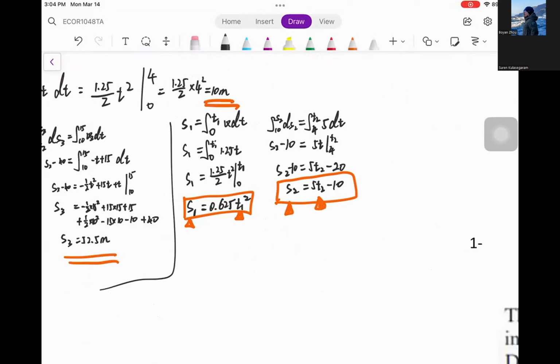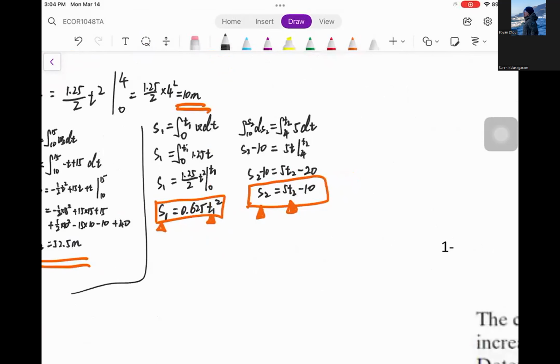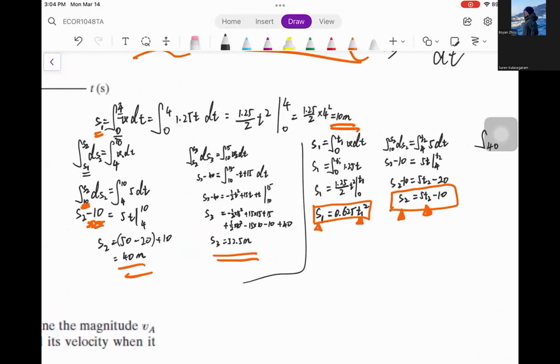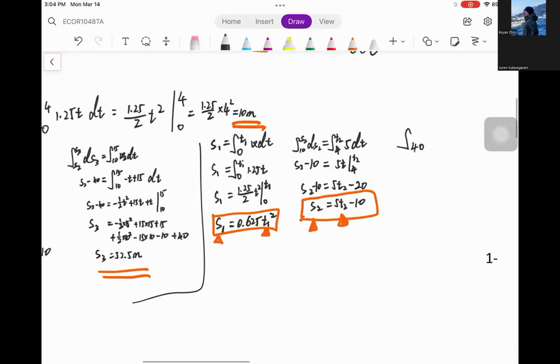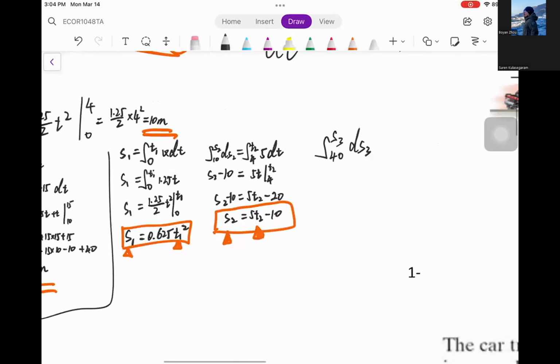Then the last one, on the same thing, we're evaluating from 40 to S3, dS3.